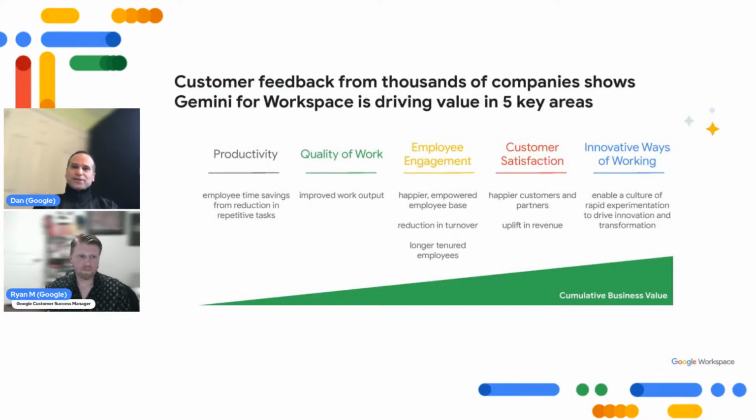So while we're early in the Gemini journey, the feedback is coming in, and similar to some of the stories that Heather shared, we're finding that the feedback is distilling into 5 key value areas. This isn't meant to be an exhaustive representation of value. It's just context to help us identify greater value in your own organizations.